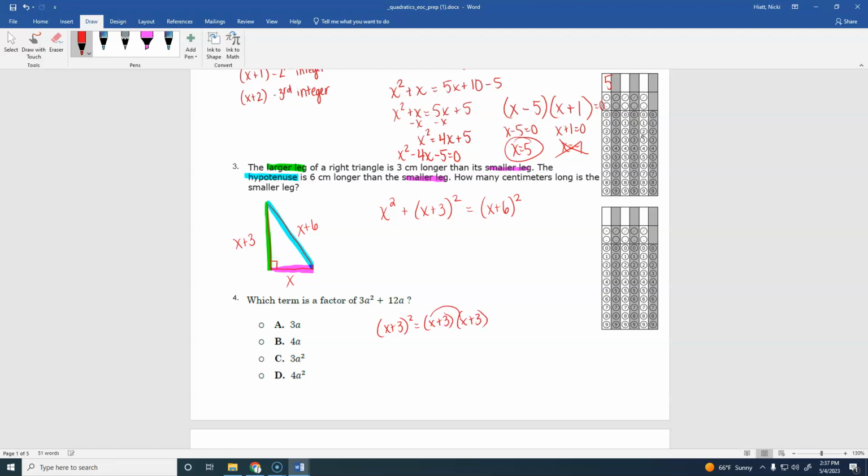So I could distribute: x times x gives me x squared, plus 3x, plus 3x, plus 9. So that is x squared plus 6x plus 9.